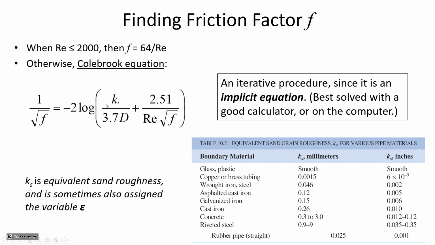But the idea is that you'd have some indication of how rough the pipe is. If you compare, for example, brass tubing, which is pretty smooth, has a very low K sub S, compared to a cast iron pipe, which is relatively more coarse as a material, has more pipe roughness, and the K sub S consequently is much higher.